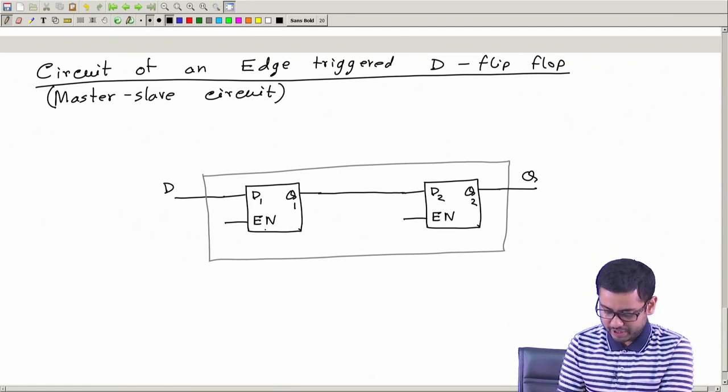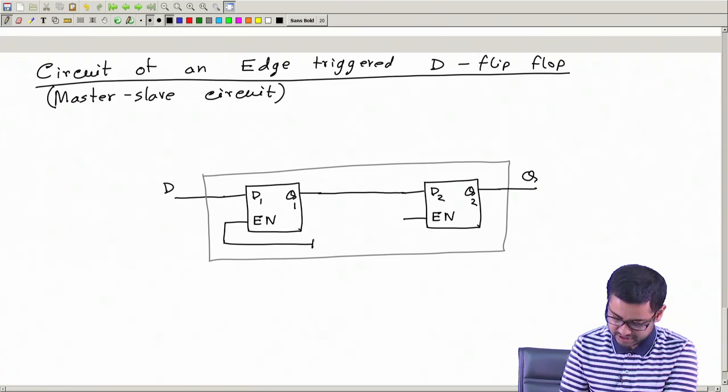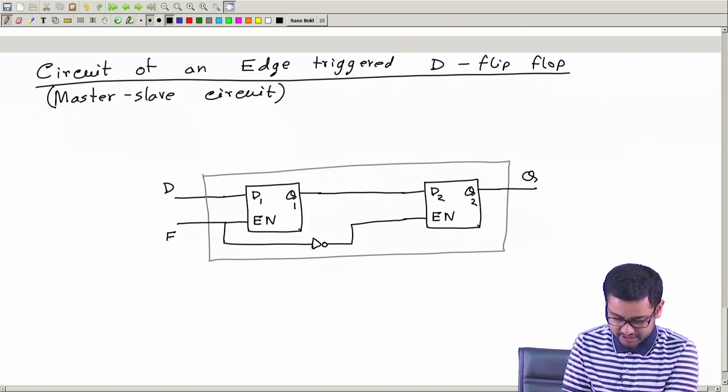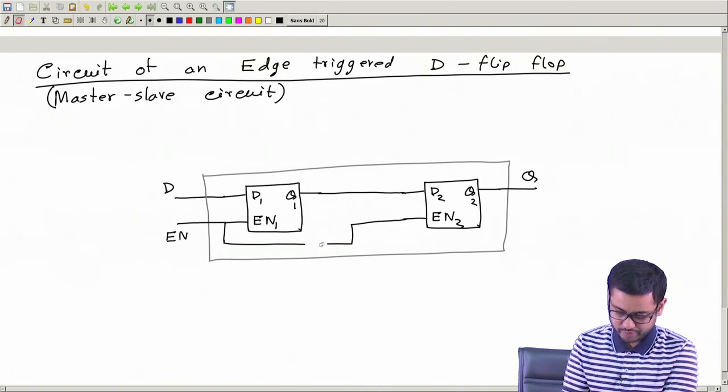And for this enable, what I will do is I will connect them together via maybe a NOT gate. So, I can put the NOT gate here and take the input like this. I will call this enable En, call it En1, call it En2, or I can also do it this way.